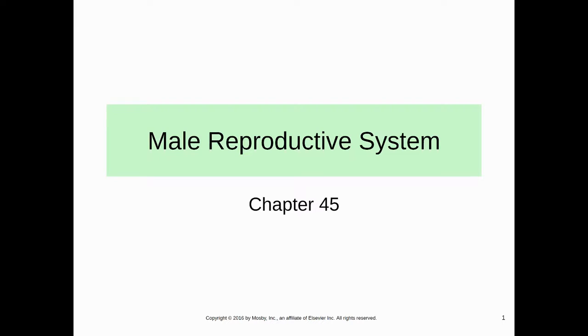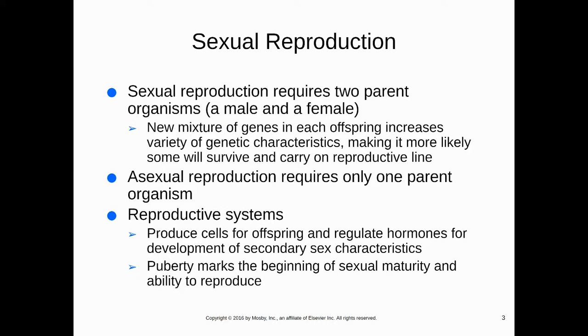So we're going to start with the male reproductive system. All of this goes into the idea of sexual reproduction, and sexual reproduction requires two parent organisms, a male and a female. The idea is that we're going to have variety because of things like crossing over that allow each offspring to have a variety of genetic characteristics.